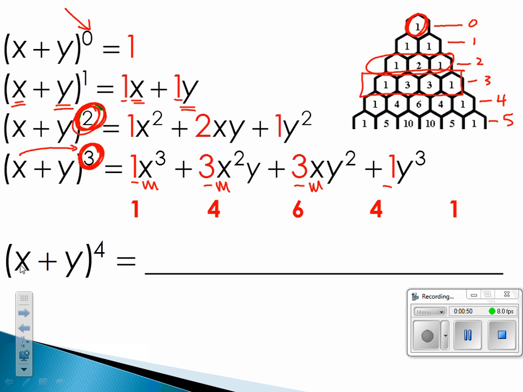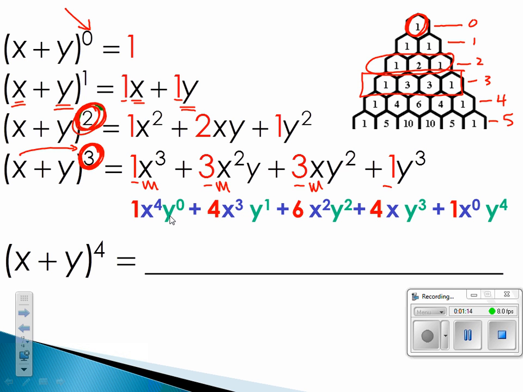Now I'm counting down from the left, so it's going to go x4, x3, x2, x, and then x to the 0, which is 1. It goes away. Now counting down from the right, y4, y3, y2, y1, and then y to the 0, which is 1 anyway.